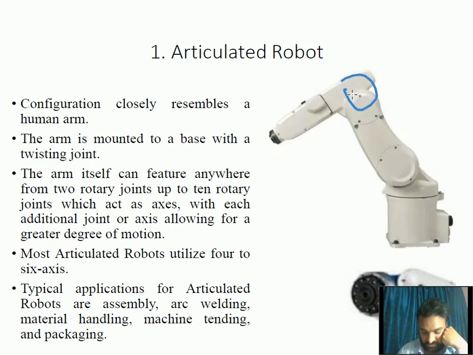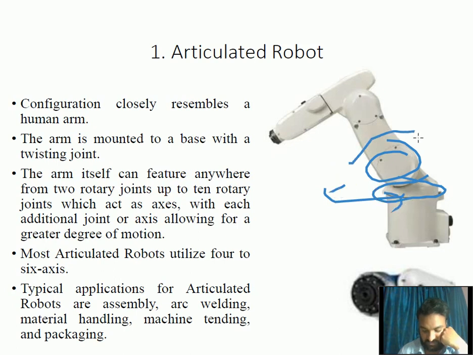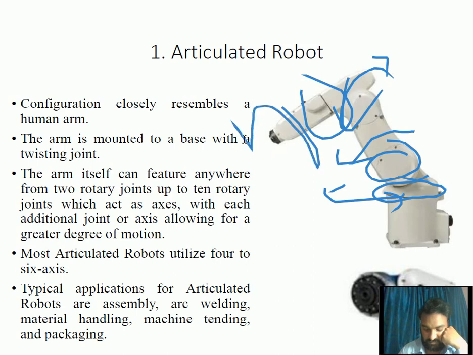This one is flexible, this one is also flexible, in the sense that it is not fixed, it can move. This arm can move this way, and here we can rotate it this way.